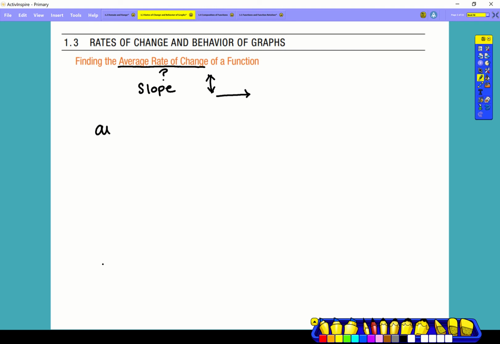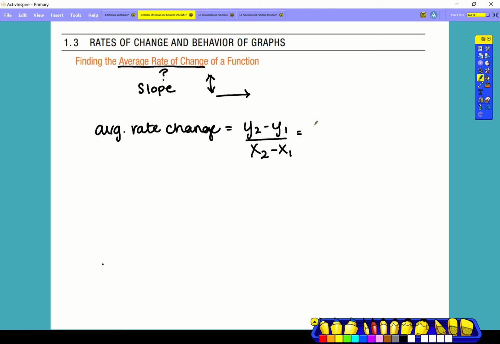So if you were to say, well, what is the average rate of change? Well, if it's the slope, then we know that that's going to be y2 minus y1 over x2 minus x1.